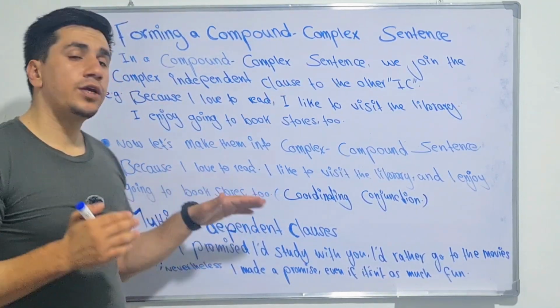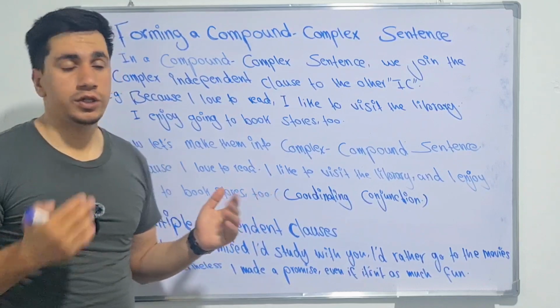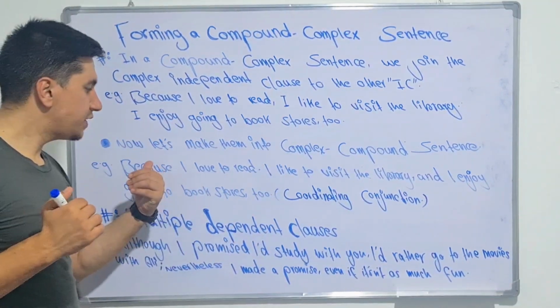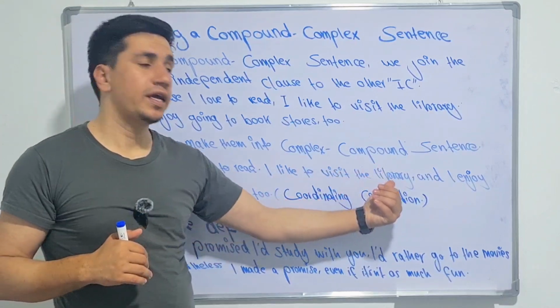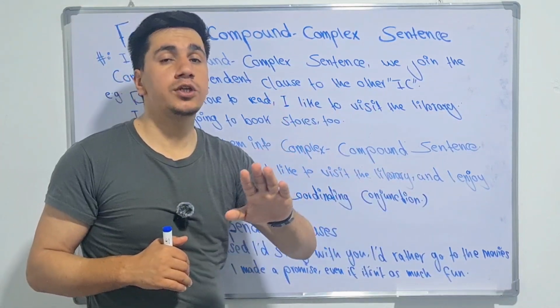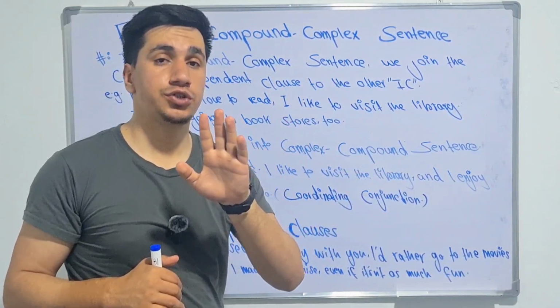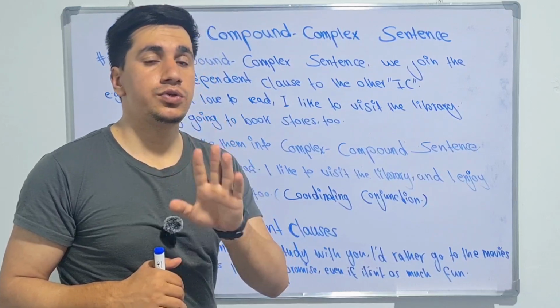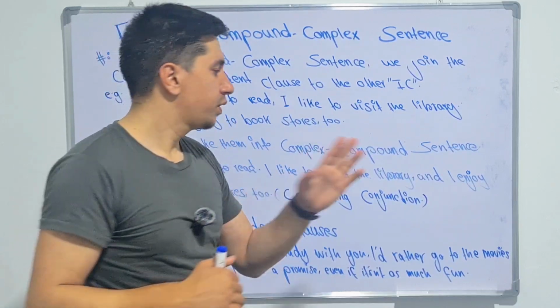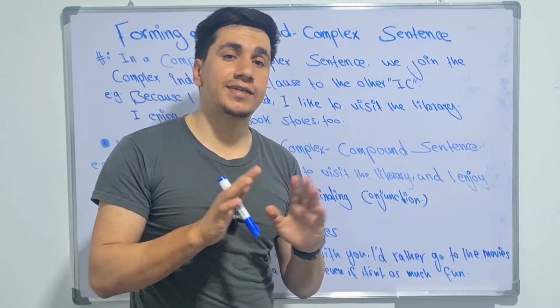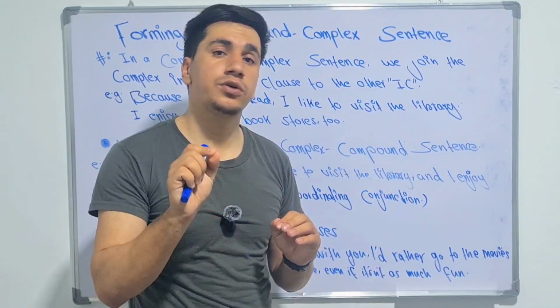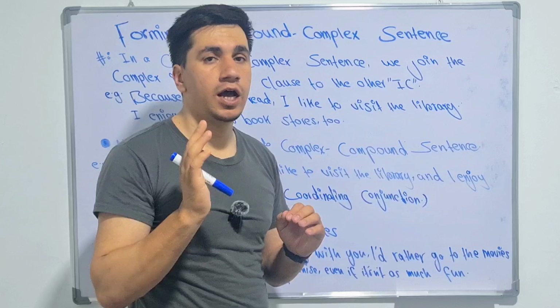We can use the conjunctive adverb as well. How? Let's write here. Because I love to read, I like to visit the library. Additionally, when we're using the word additionally as a conjunctive adverb, you need to consider the punctuation. How do we punctuate it?